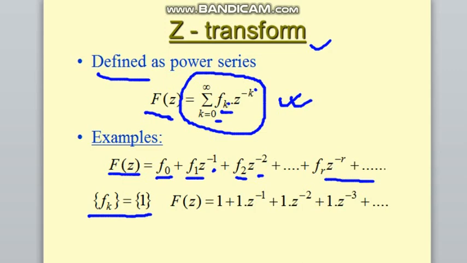And if f(k) is equal to 1, f0, f1, f2 are all 1, so you get 1 plus z to the minus 1 plus z to the minus 2 plus z to the minus 3. That is the power series definition of the Z transform.